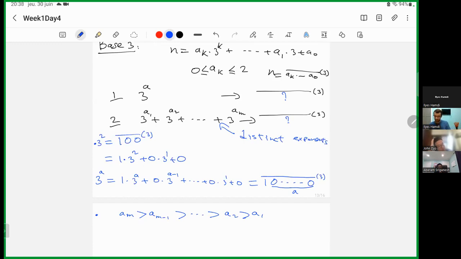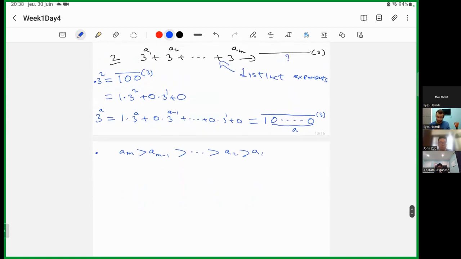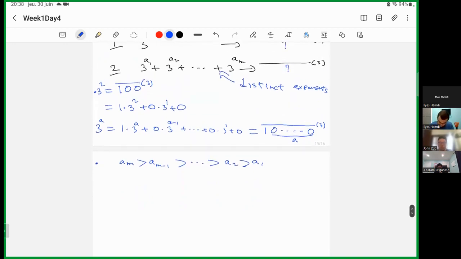So since they're distinct, then I can order them with strict inequalities. Okay, and so what's the expression in base 3? What will it look like? The expression in base 3, basically it's 1 times 3 to the a_m.